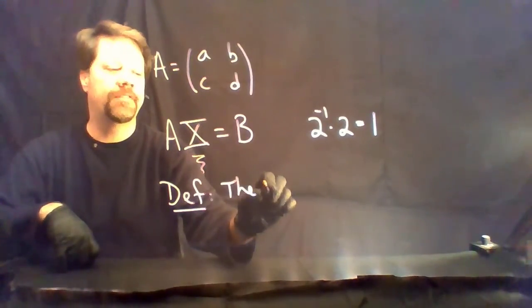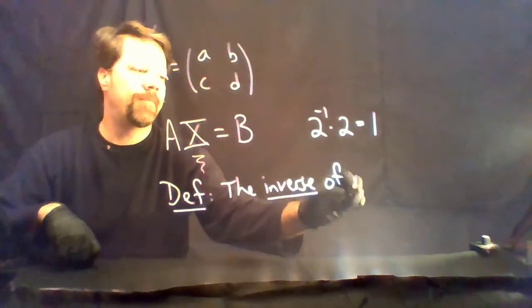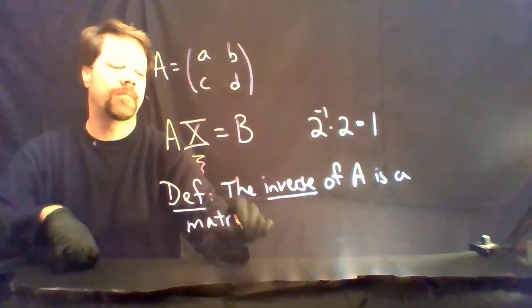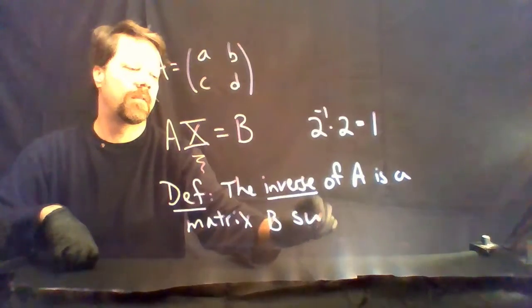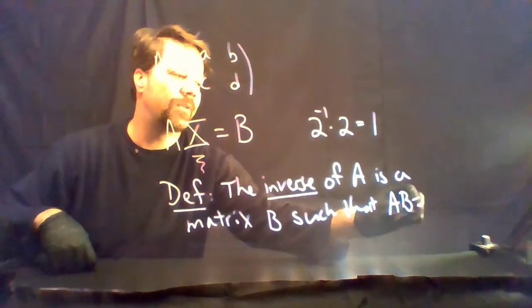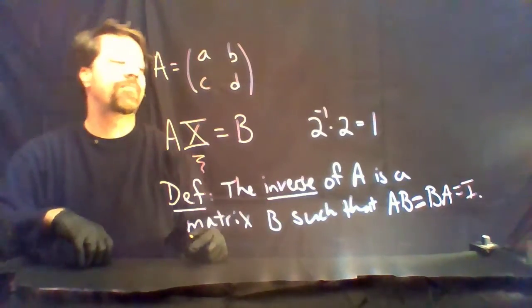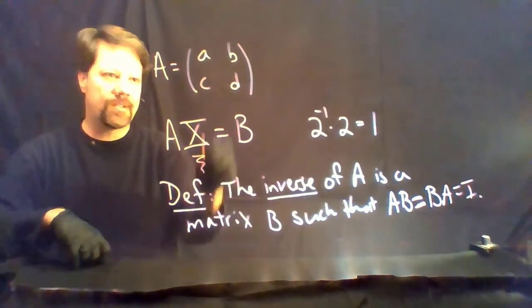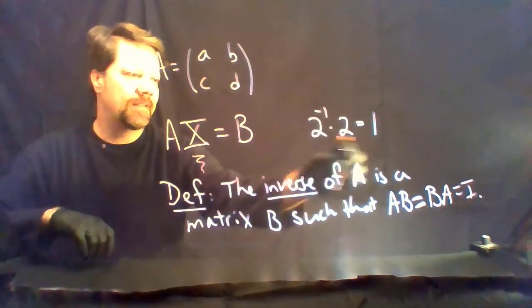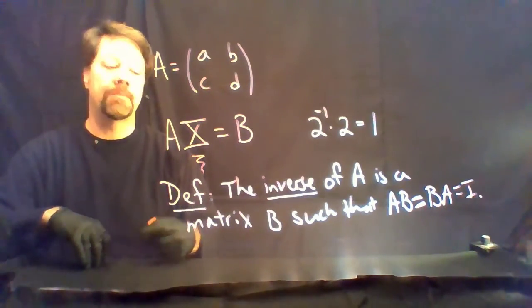The multiplicative inverse of a matrix A is a matrix B such that AB is equal to BA is equal to the identity matrix, where the identity matrix has ones on the main diagonal and zeros everywhere else. This is equivalent to how we usually think about multiplicative inverses for real numbers.